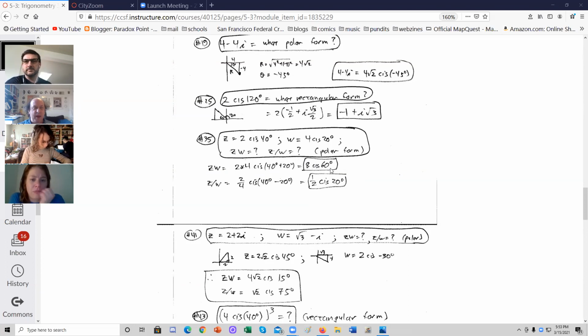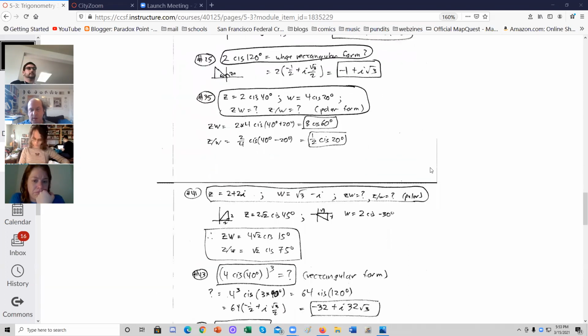We can expand that into its rectangular form, but this will do. Z divided by W, you take the ratio of the lengths, 2 over 4, cis of the difference of the angles, 40 degrees minus 20 degrees. This simplifies to 1/2 cis 20 degrees.